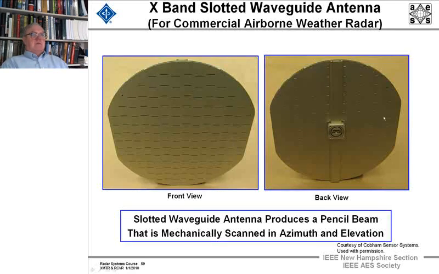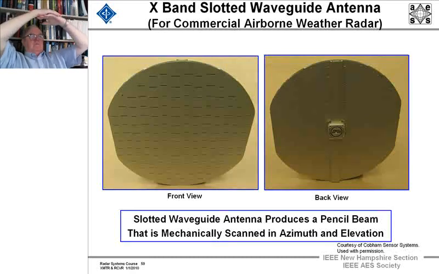And this type of antenna is in the nose of most commercial airborne weather radars. It's an X-band, I believe, and the antenna is about this round when I took a picture of it.